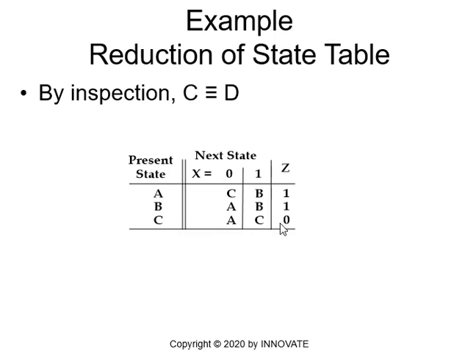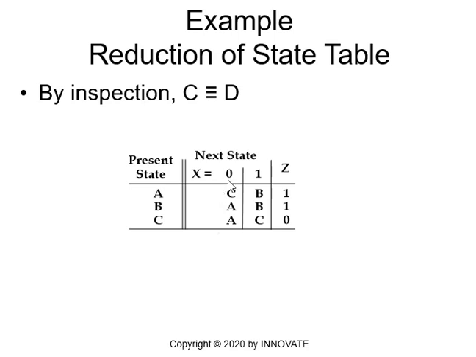Now you should remember how to use the guidelines for state assignments. And guideline number 1 will look at present states who have the same next state for a specific input.